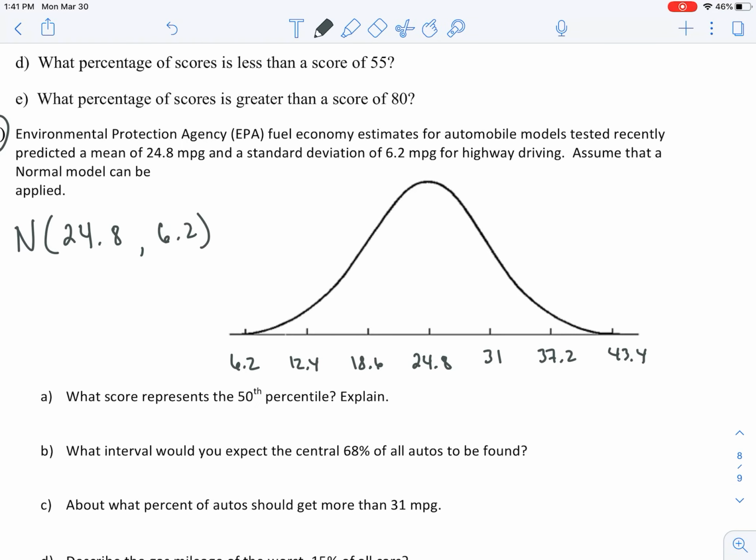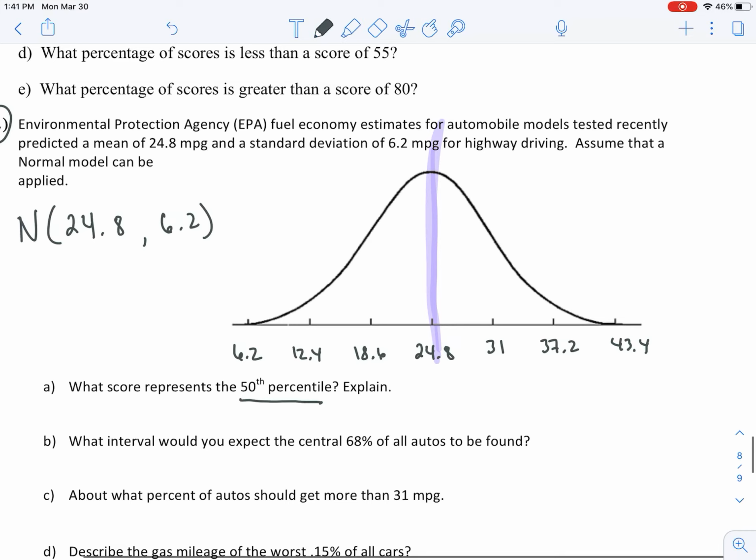Okay. What score represents the 50th percentile? This is a symmetric distribution, so the mean and the median are roughly the same. So in this one, I would say 24.8, because the mean is approximately the median in a normal model.